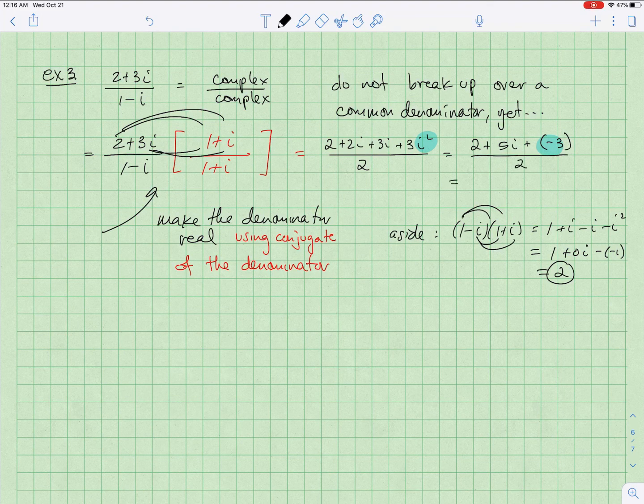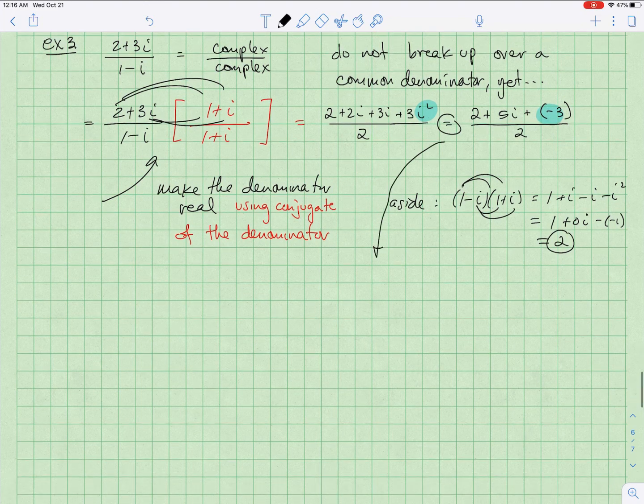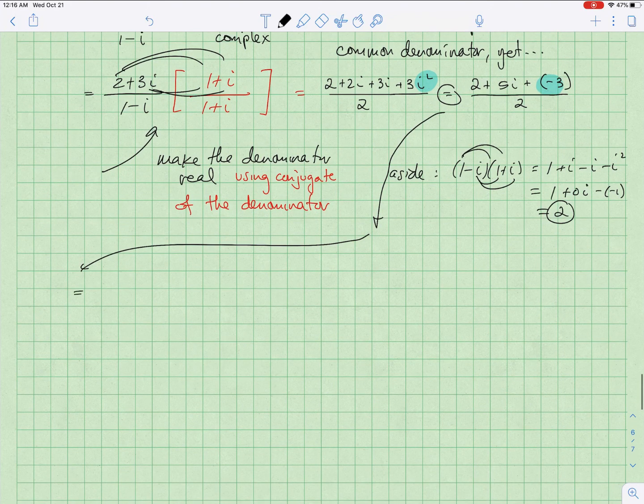And if we collect our like terms here, this is equal to negative 1 plus 5i all over 2.